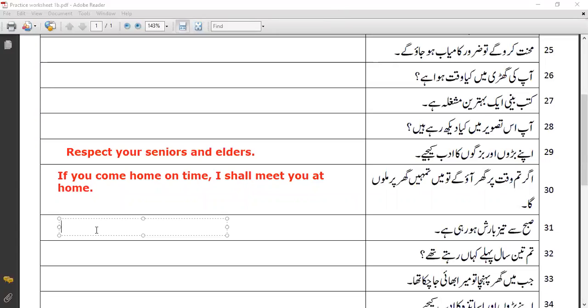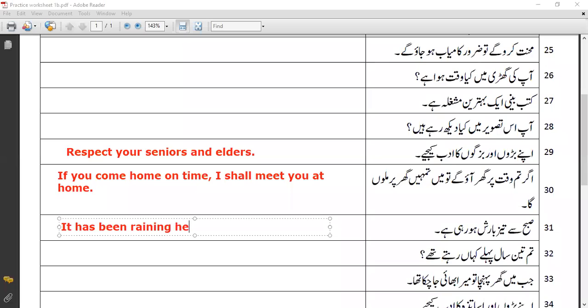Very common mistake is they write, "It is raining since morning," and if you write this in the examinations, you might not even get half a mark because this sentence is not a present continuous sentence. It is present perfect continuous, and you have to write it has been raining. Okay, it's written tez barish. That means you have to bring in a word for tez barish also. Tez. It has been raining.